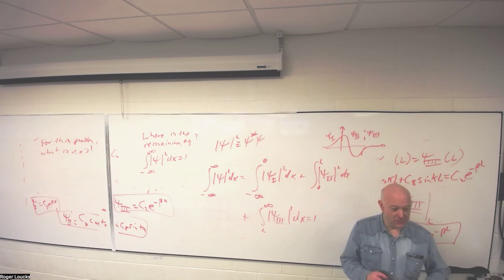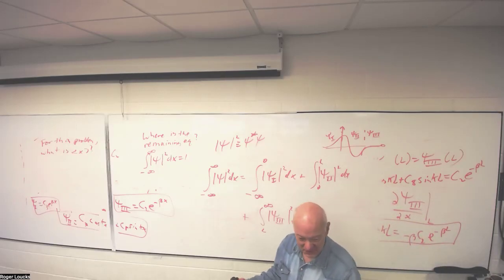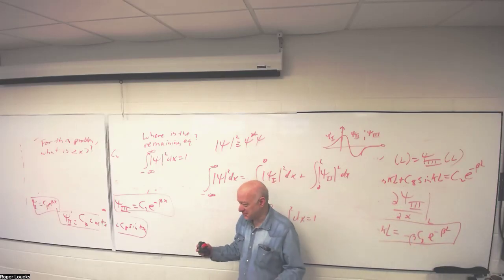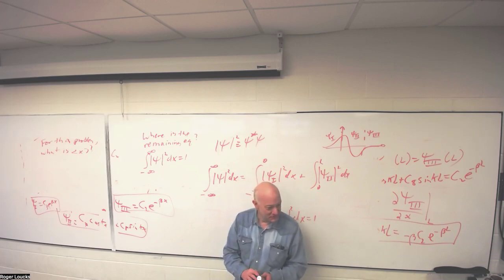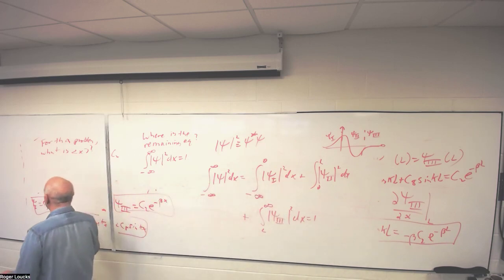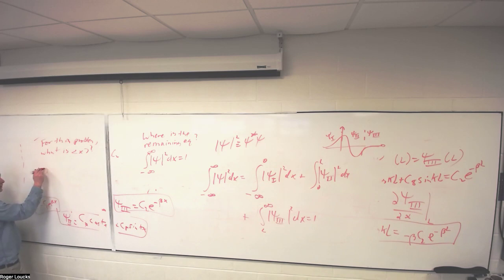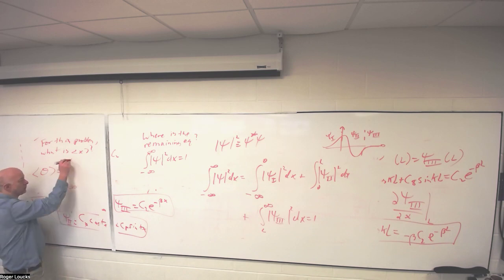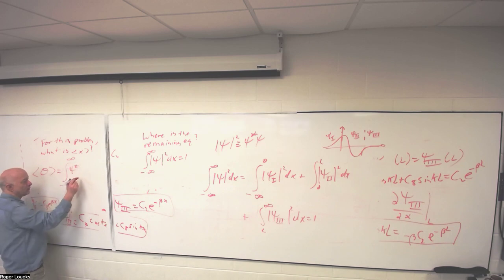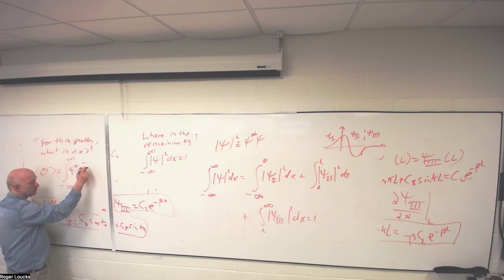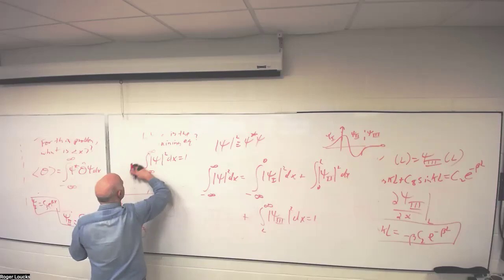It's almost like maybe there was a postulate. What do we know about the postulate for this? Any expectation value of any quantity O is what? The integral over all space of the complex conjugate psi star, times the operator, whatever that is, times psi, dx. What would that become in this problem?